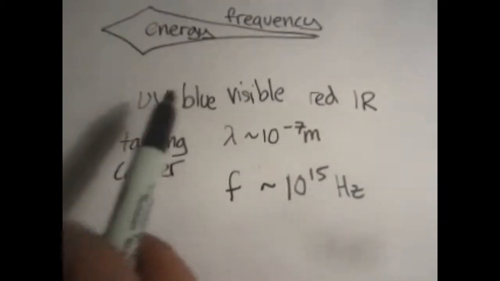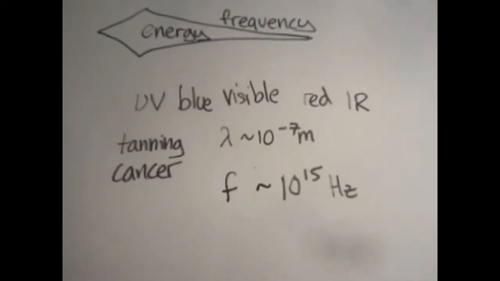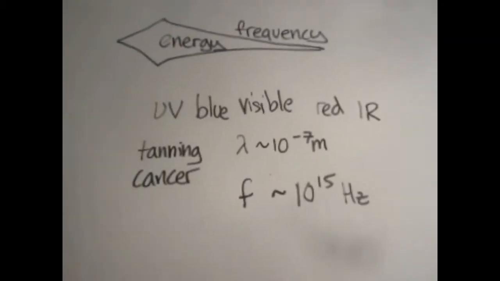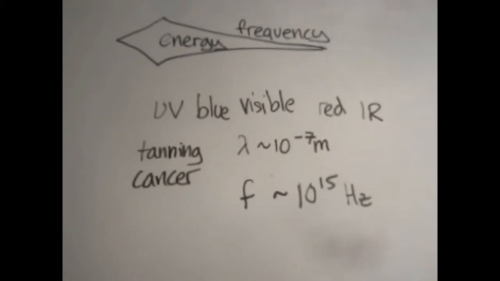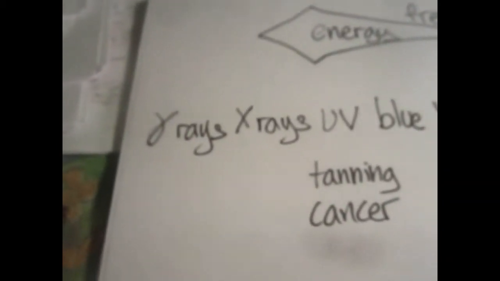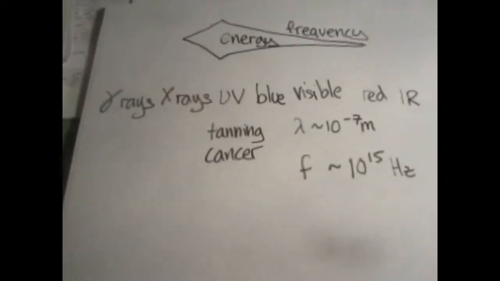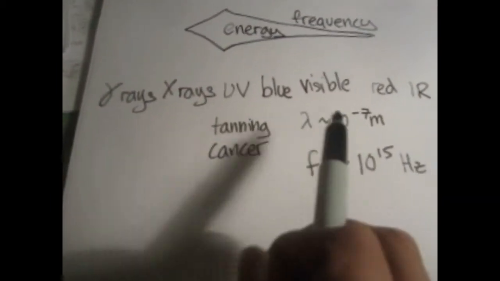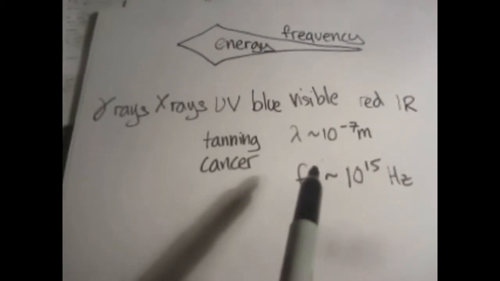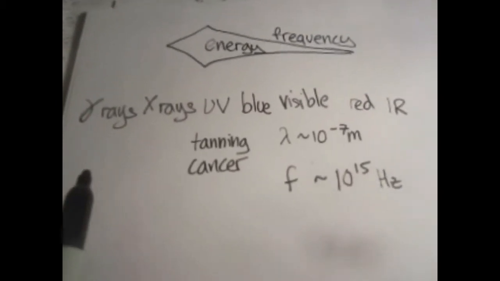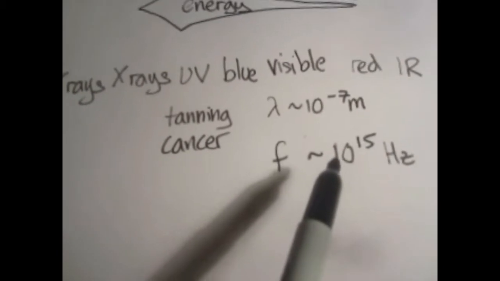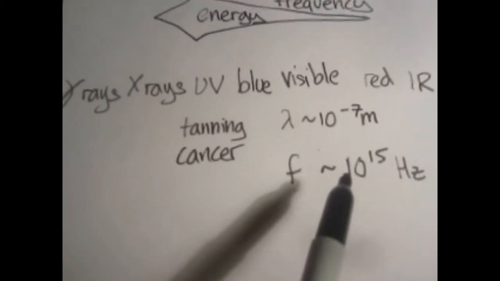So we know frequency is going up that way. To complete the dangerous side, the side that's highly ionizing and will probably kill your cells, I just think of dangerous rays. We've got X-rays and gamma rays, which we know are highly ionizing and dangerous. If gamma rays have more energy than visible light, then we know the frequency must increase. So the frequency there for visible light was 10 to the 15.